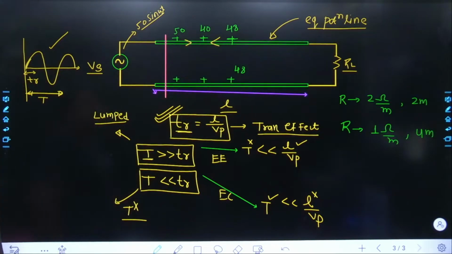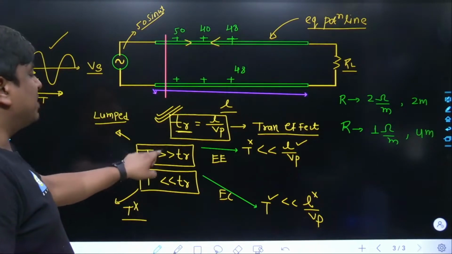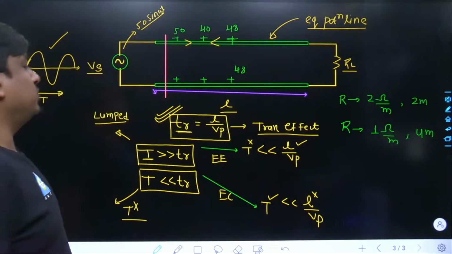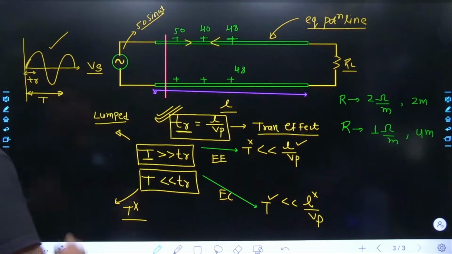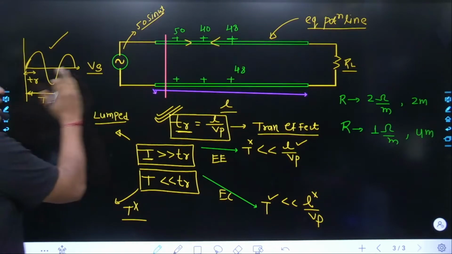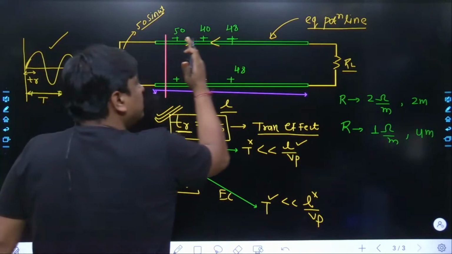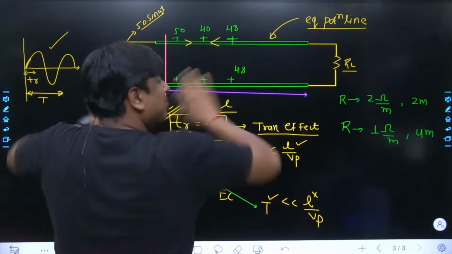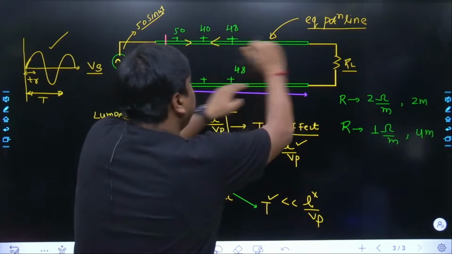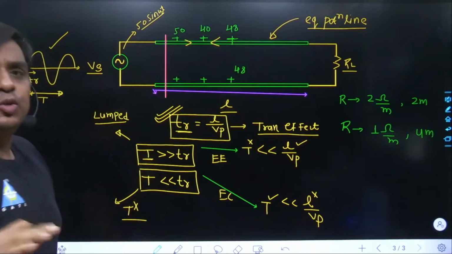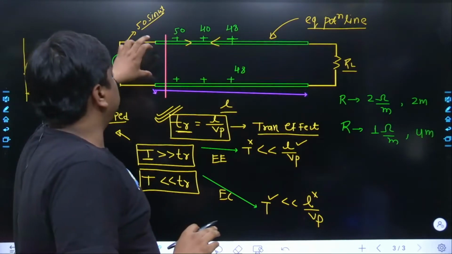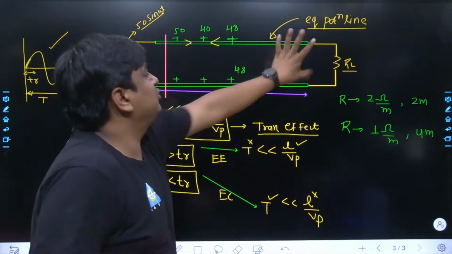See what happens. If the time period of the signal is much higher than the transit time, the time taken by the signal to reach from one side to the other, what would happen? That means this signal is so sluggish that as it moves from one side to the other, the voltage at the input side has not changed much. Or I would say the complete transmission line is an equipotential line. At any moment of time, whatever voltage you have over here, the same voltage is there also.